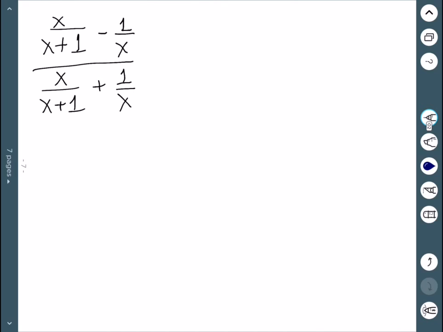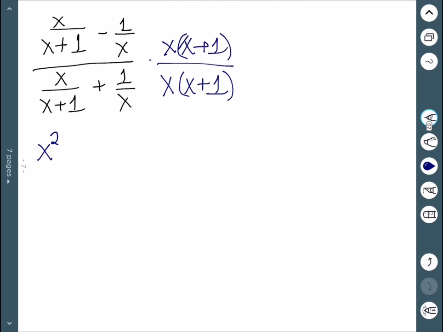Another one, we can see that the common denominator here is x times (x + 1), since those are the only things on the denominators. Multiplying the top, x over (x + 1) times (x + 1). The (x + 1)'s cancel. We're left with an x times an x. For the second term, we see that the x's cancel, so I'm left with 1 times (x + 1).